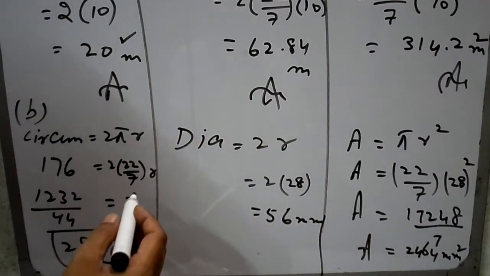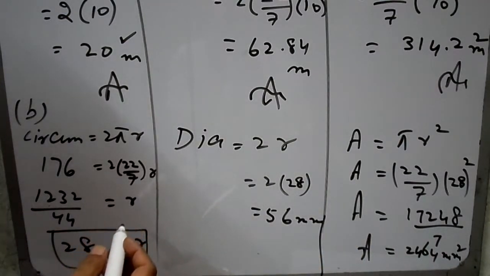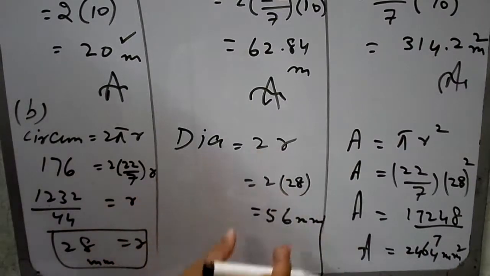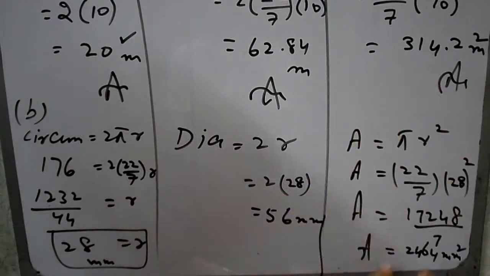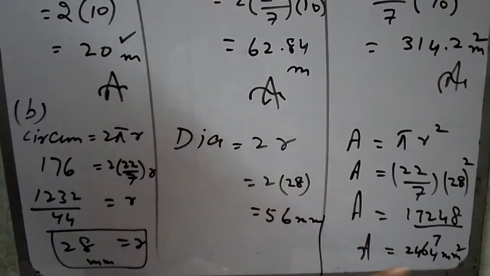Similarly you can see here it is in millimeter, that is 28 millimeter, because if r is in millimeter, that's why diameter will also be in millimeter and the area will also be in millimeter square. So B part we have calculated.